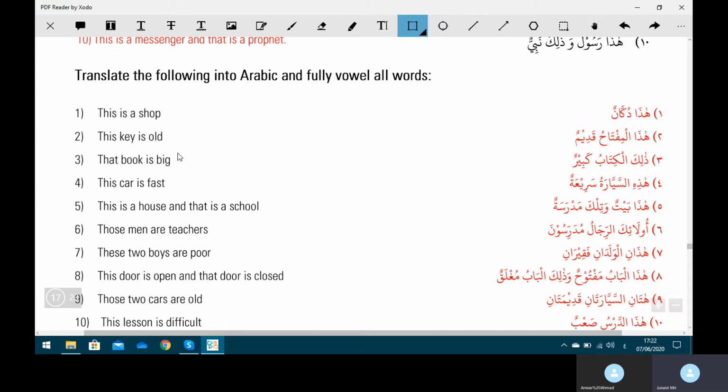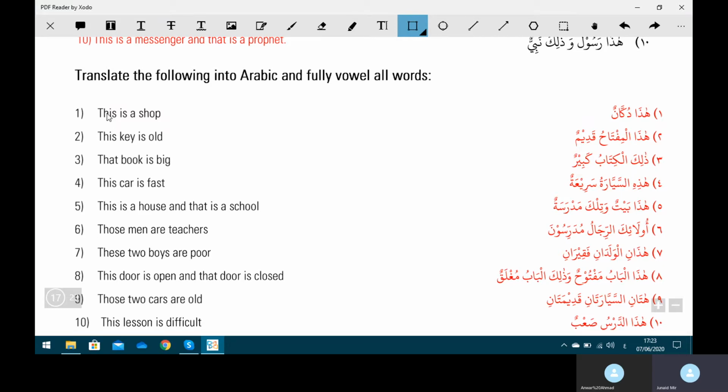So what you're thinking with this is, you're looking at this. This is a shop, and you know that's a complete sentence. So you're not going to use alif lam in Arabic after you use the ismul ishara. That's why I didn't use alif lam on dukanun. The word for shop in Arabic is dukanun, and it's masculine and it's singular. So I use hada because this is a pronoun that refers to something that's close, not dhalika.